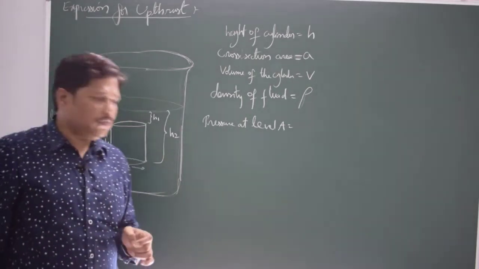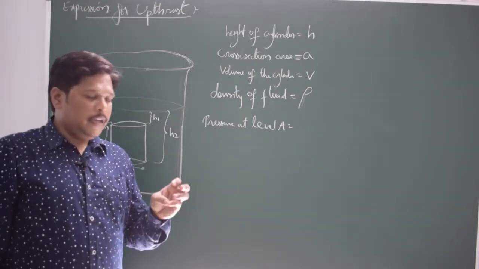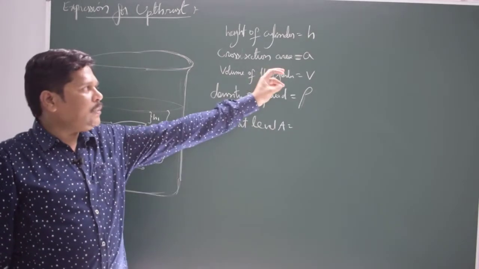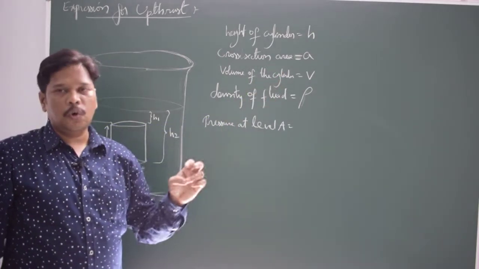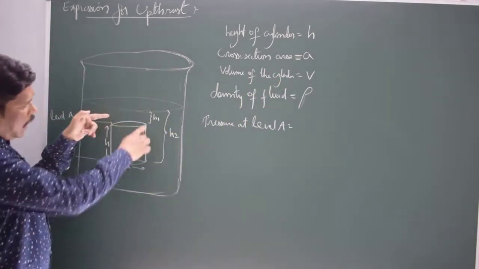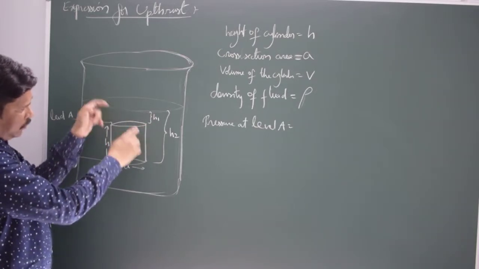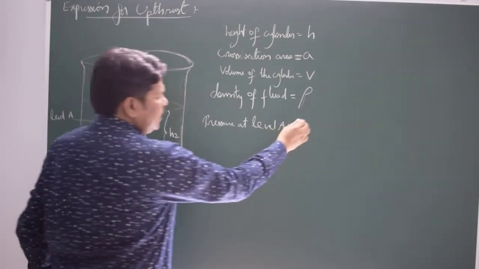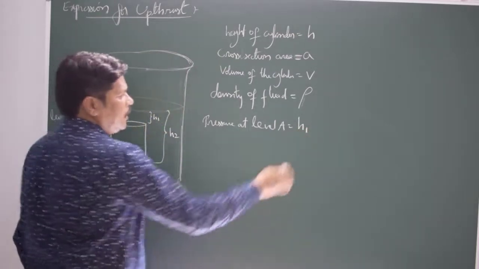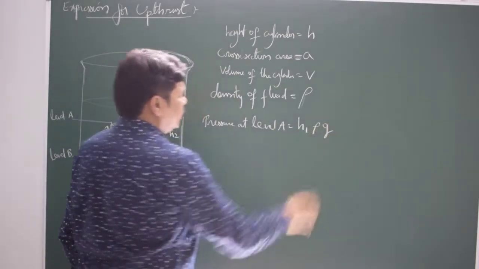So we have an expression for pressure acting: h rho g, where rho is the density of the liquid. This h is nothing but the height or the depth. So at level A, it is at depth h1, so pressure is h1 rho g.